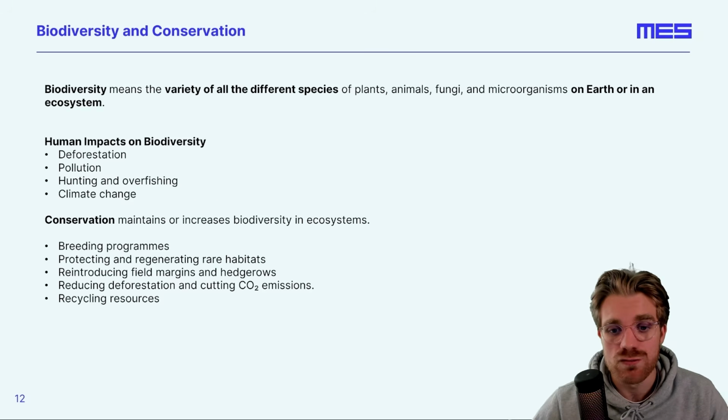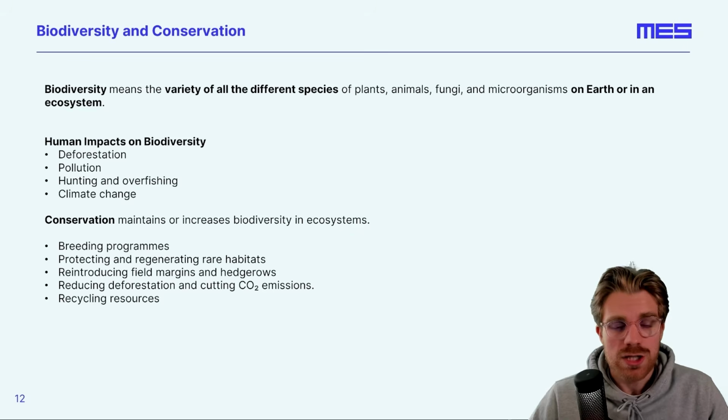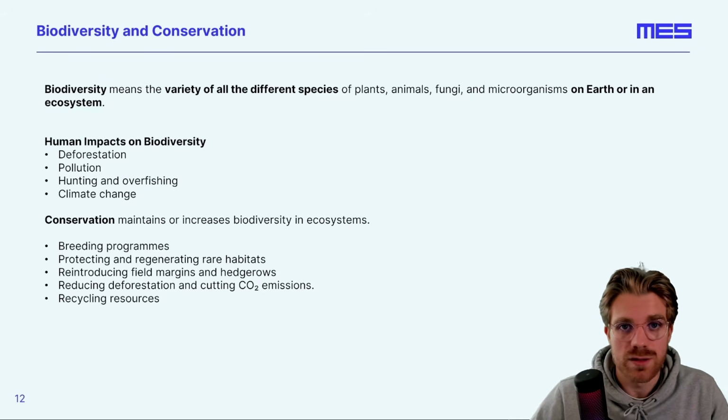High biodiversity reduces dependence on just one species, and it also helps to maintain the physical environment by regulating and contributing to things like the carbon cycle and the water cycle. But humans also rely on high biodiversity. Humans rely on biodiversity for things like food, for medicine, clean air, and for water.